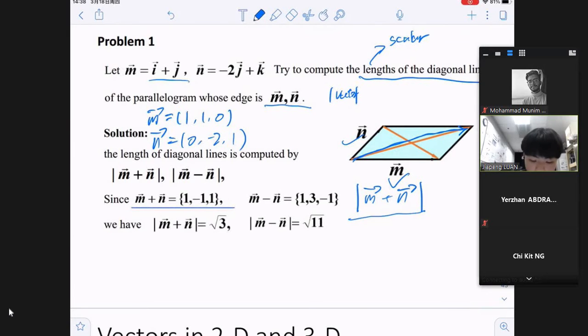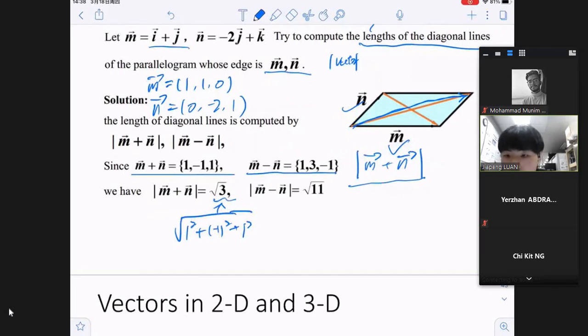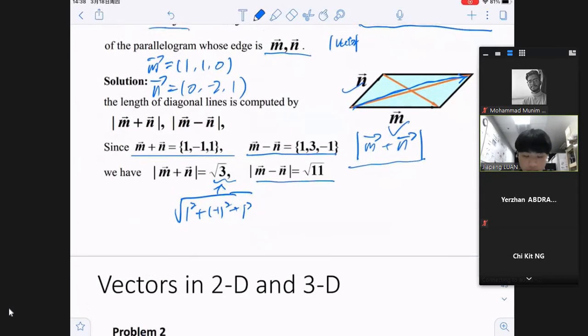Now also M minus N gives you this. So how to calculate the magnitude? So it's actually 1 square plus minus 1 square plus 1 square, which gives you the square root of 3. Yeah, I think that's easy to understand. Also, it's the same for this one, right?